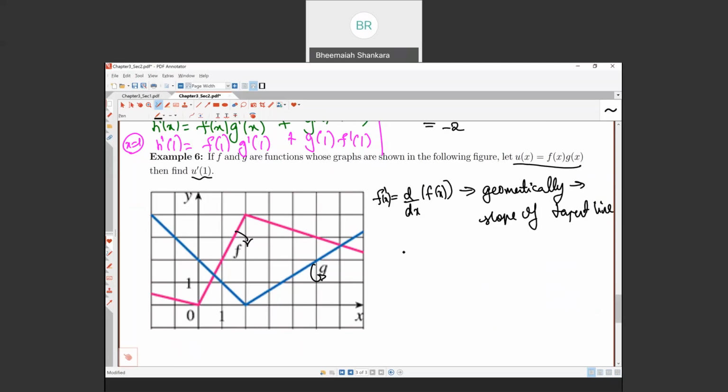So start by writing f prime 1, which is your unknown in the problem. This is the slope of the tangent line at x equal to 1.